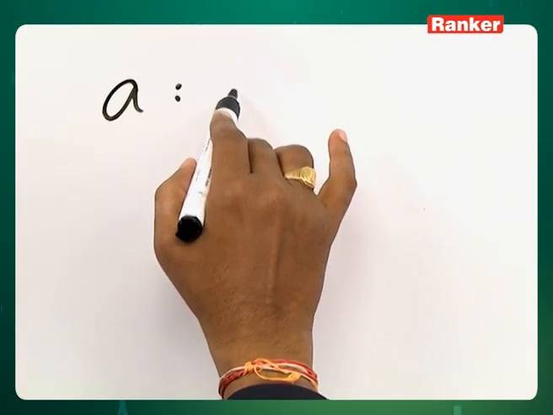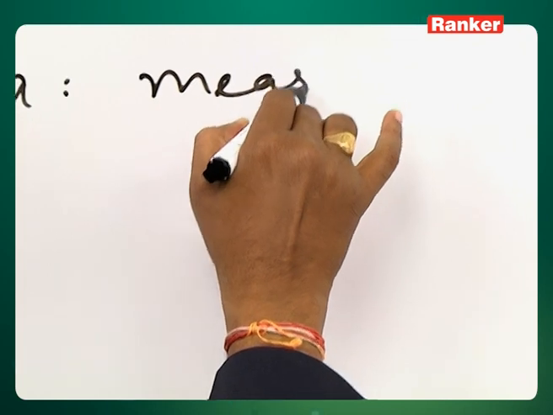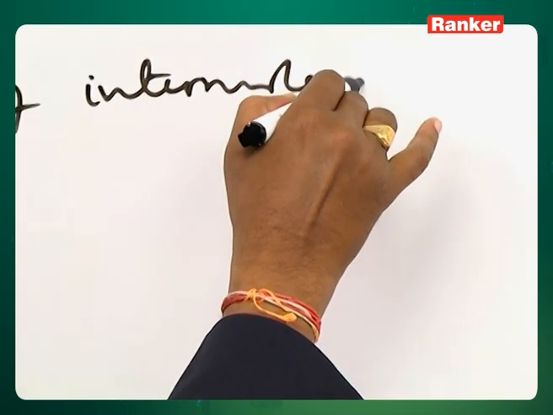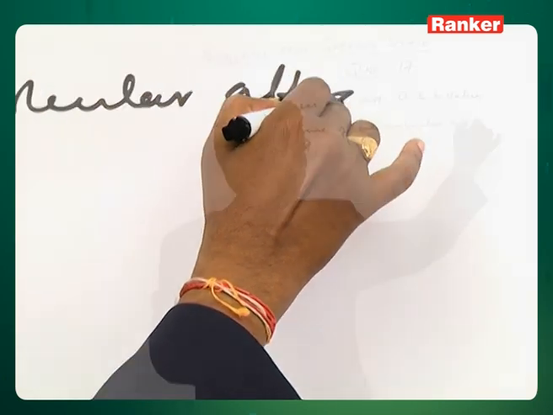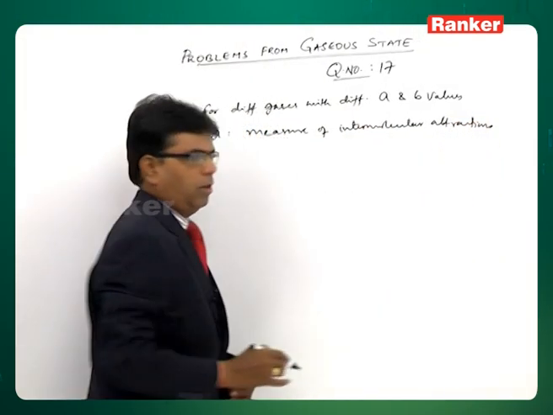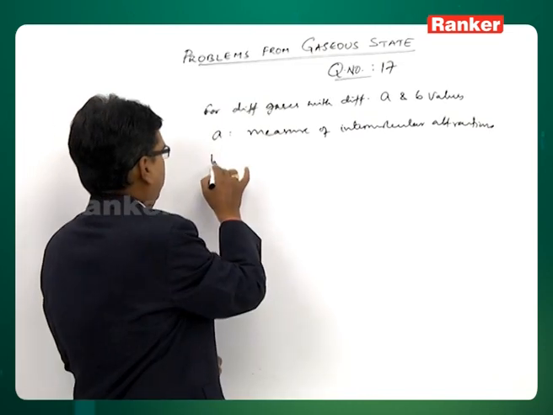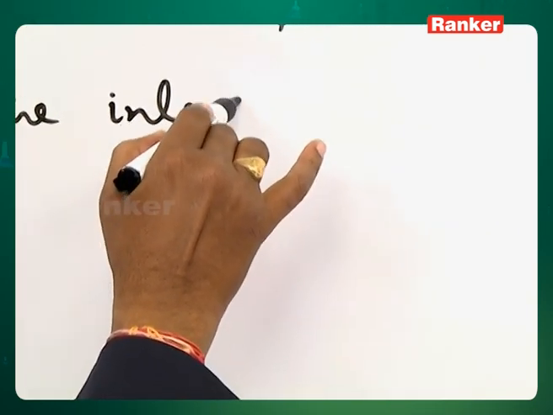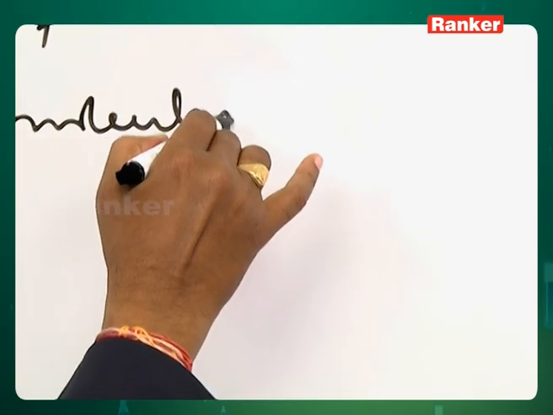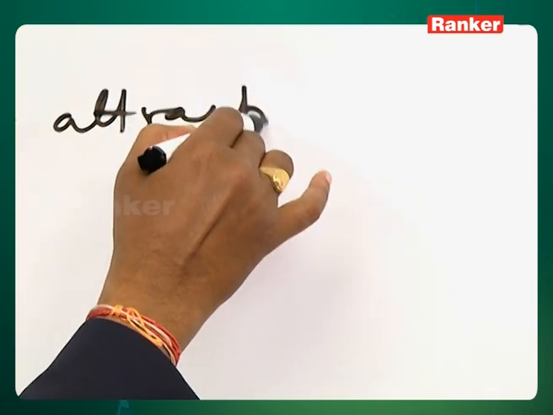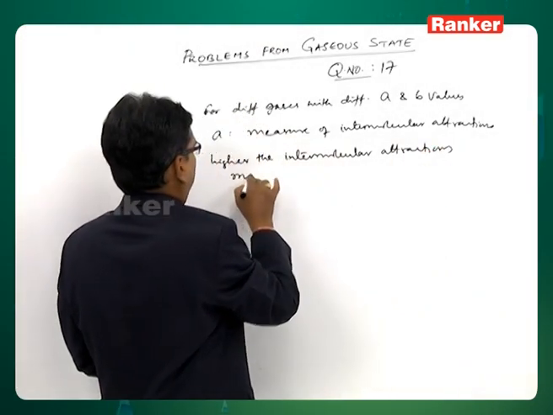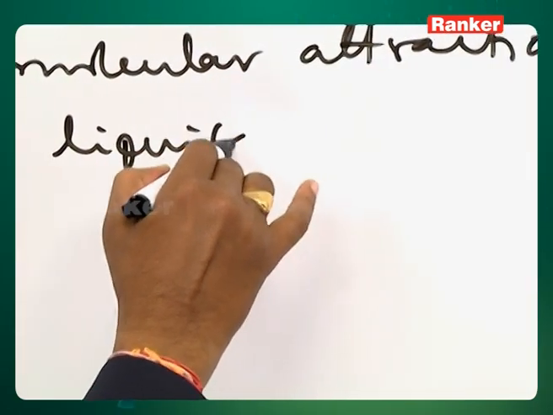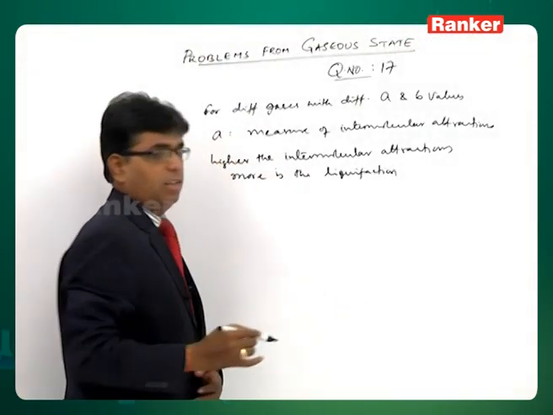A being a van der Waals constant, is a measure of intermolecular attractions. The higher the intermolecular attractions, the more is the liquefaction, or more is the compressibility.